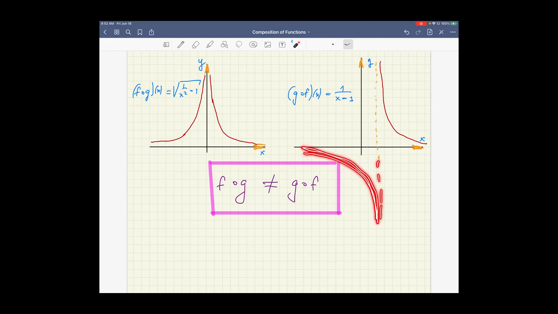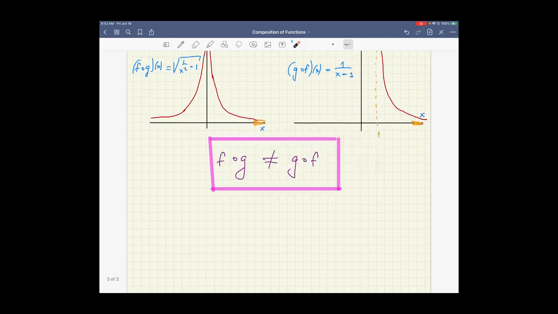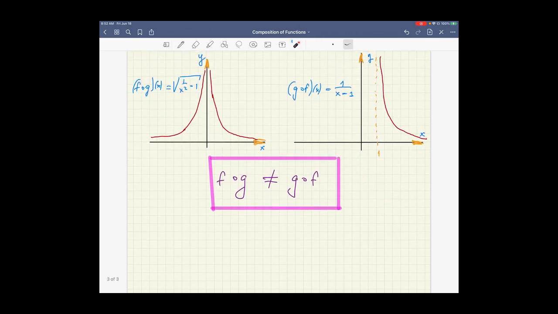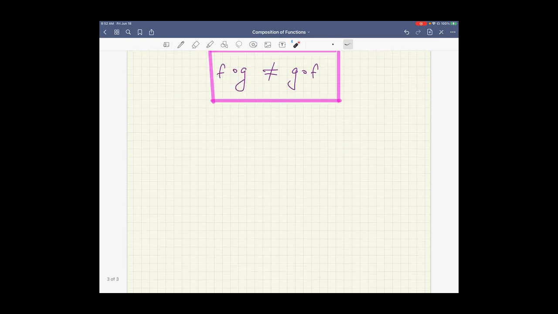So it's important to keep in mind that when you compose functions, keeping track of what your domain is very important.